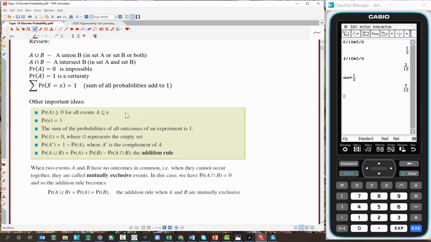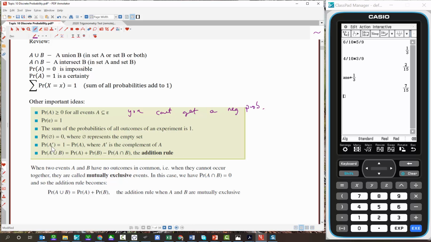Okay, so basically you can't get a negative probability. I say that every year at the examiner's reviews, that students will write down probabilities that are negative. Okay, the probability of the sample space is equal to 1. Sum of all probabilities of all outcomes is 1. Probability of the empty set, so this is called the null set, is equal to 0.